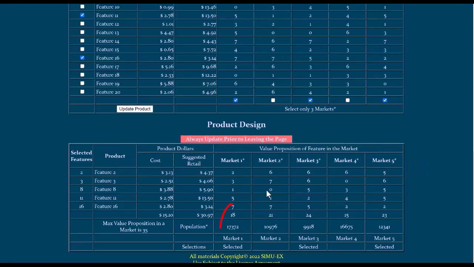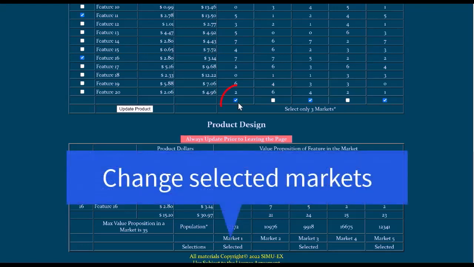And if you notice, market 1 is at 18, market 2 is at 21, market 3 is 24, 4 is 15, and 5 is 23. If this is the final design that the manager wishes to configure, then they would be much advised to change from market 1 to market 2.